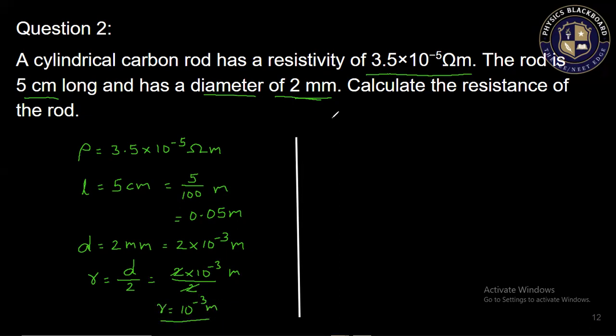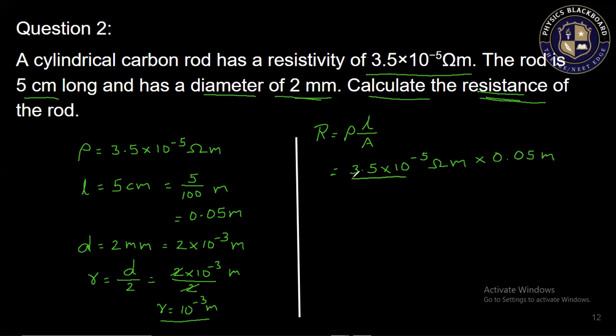Now, when it comes to the question, what do you need to find? Calculate the resistance of the rod. We need to find the resistance. So we have the formula R is equal to rho L by A. Here we have rho, 3.5 into 10 power minus 5 ohm meter, into the length 0.05 meter, by the area.